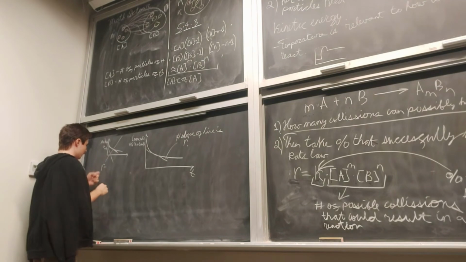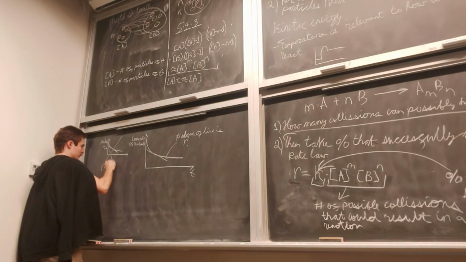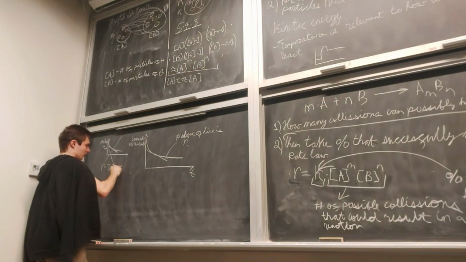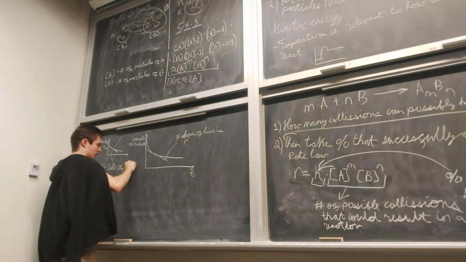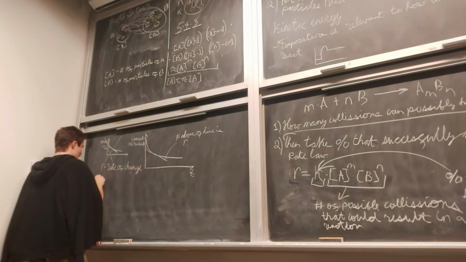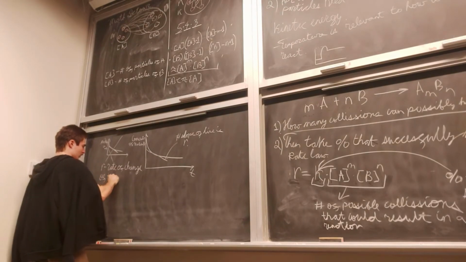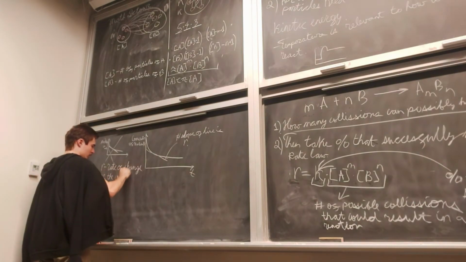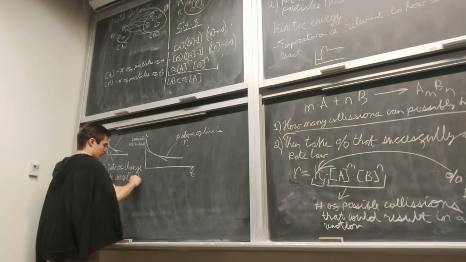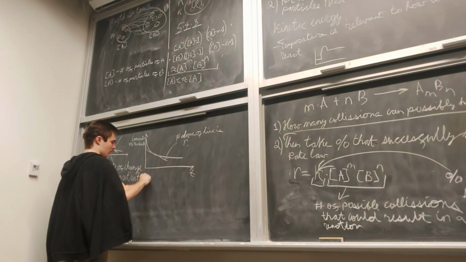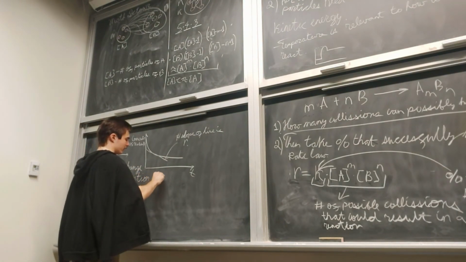So we're going to define R as the rate of change of the concentration of products or reactants.